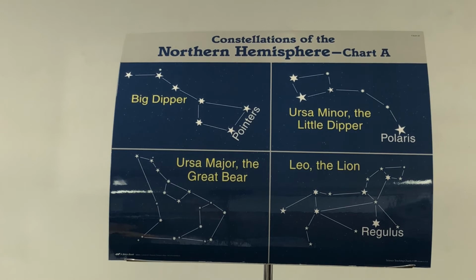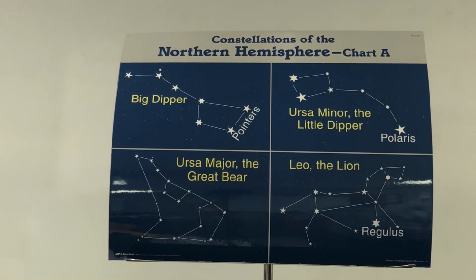These are some of the constellations that we've talked about. We started with the Big Dipper. If you remember, we said that looks like a big ladle or spoon that you scoop up soup with. We pointed out that the 2 stars on the right side are considered the pointers, and the Little Dipper on your right hand side is the same shape but smaller.